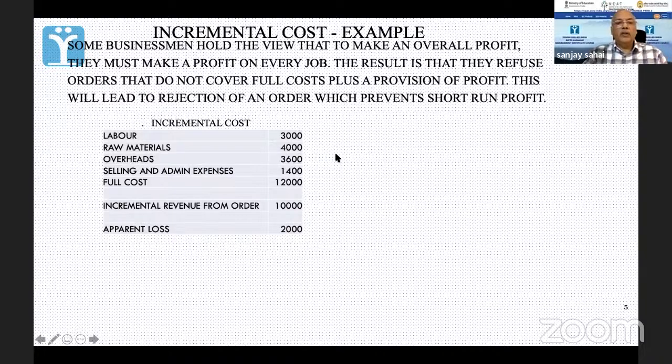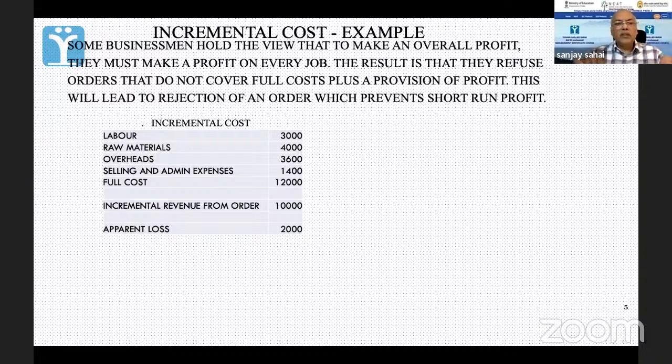If they take an extra order which is going to give them a revenue of 10,000, and they calculate the costs like this: to produce that many units, the expense on labor will be 3,000, raw materials 4,000, overheads 3,600, and selling and administrative expenses 1,400.